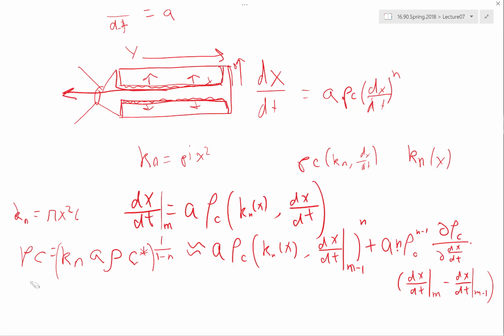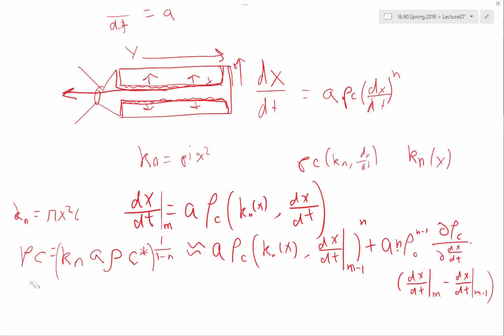You could move the A to the other side. You've already got the Pc and then the n to the other side. But if Pc only depends on x, if you just don't look at the differential equation, you just look at Pc as equal to some function of x times a bunch of constants. What is C star?